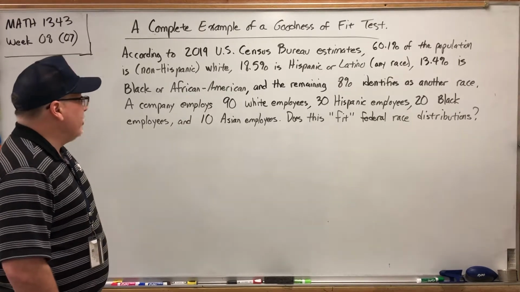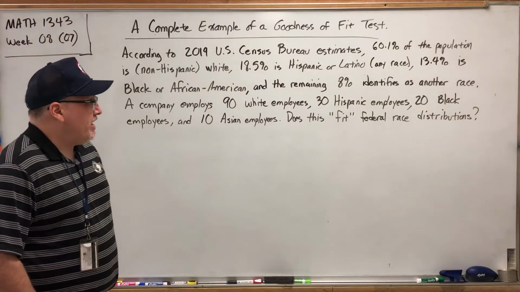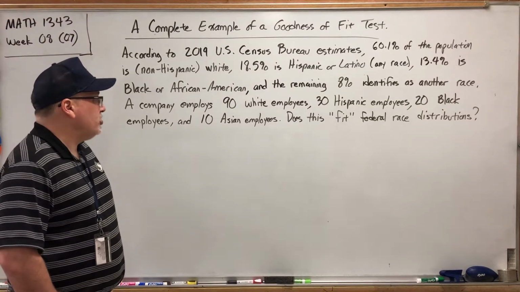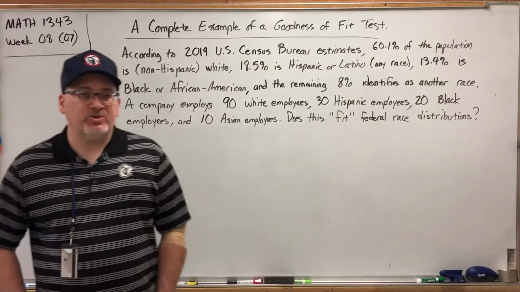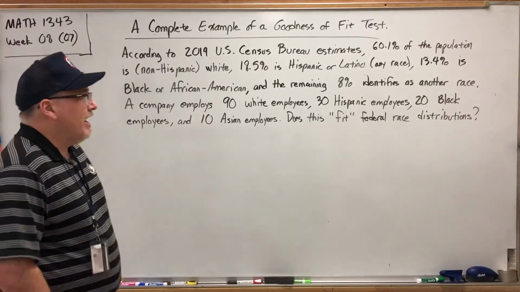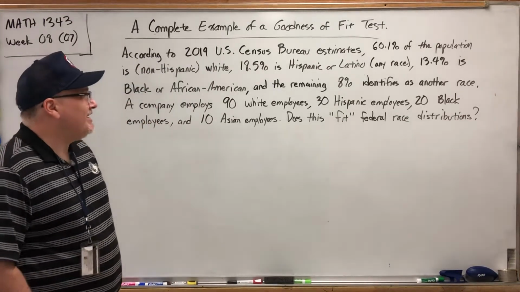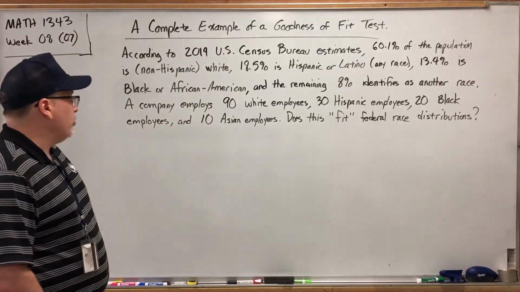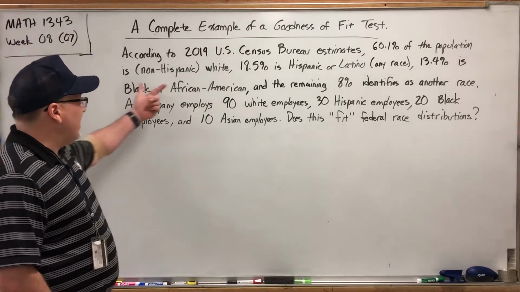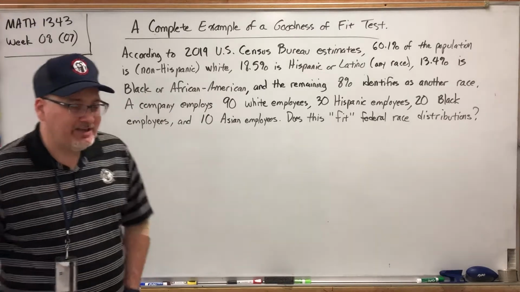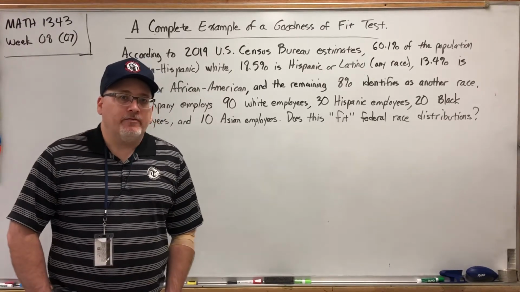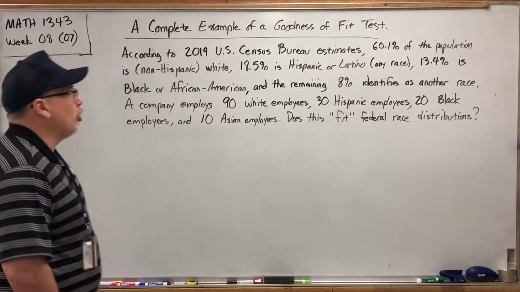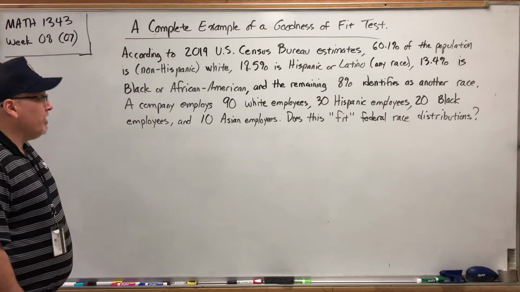The other disclaimer is the verbiage, grammar, and capitalization was taken directly from this U.S. Census Bureau report. I don't want anybody to read anything into the choice of words or the choice of capitalization or lack of capitalization, as it was copied verbatim from the U.S. Census Bureau report.